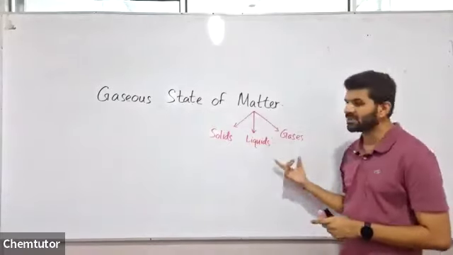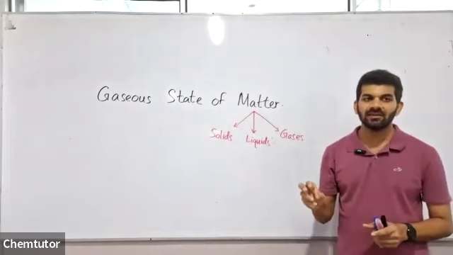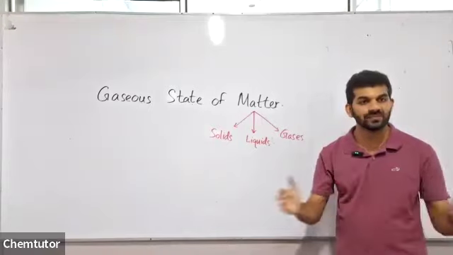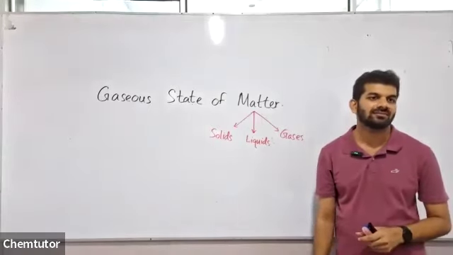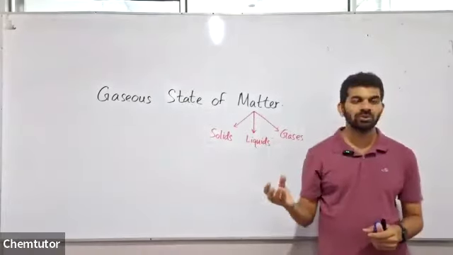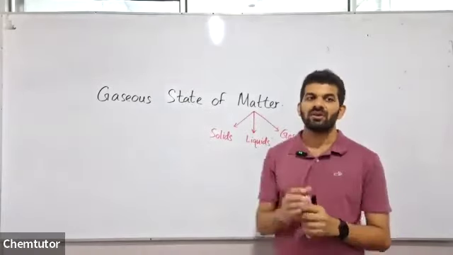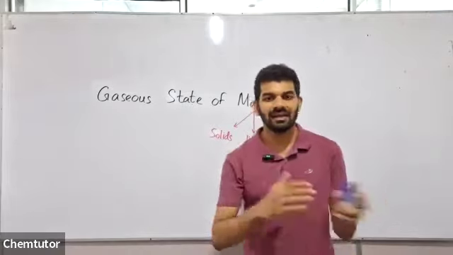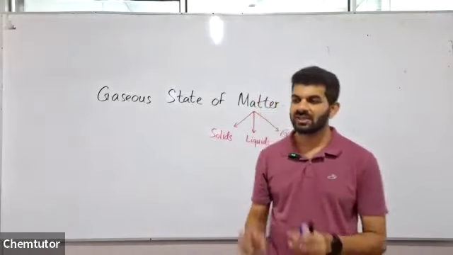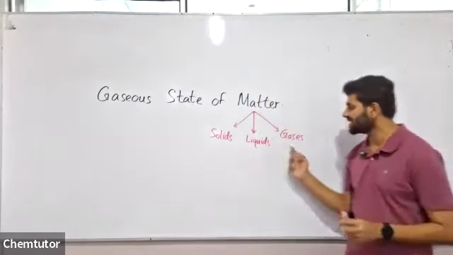In gases, the particles are arranged randomly here and there, which means there are a lot of free spaces between particles. Therefore, those gas particles are free to move. They will be moving in random motions at any place in the container. So those are the main properties of solids, liquids, and gases.